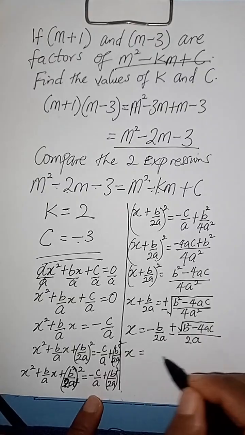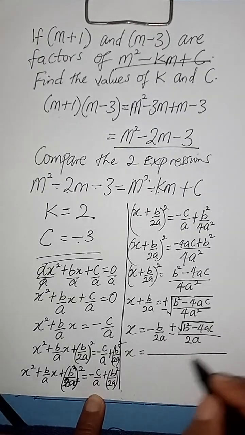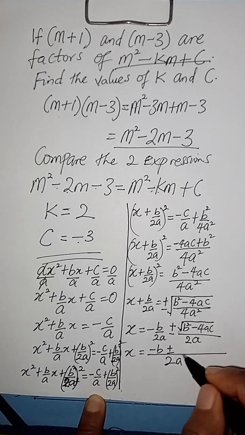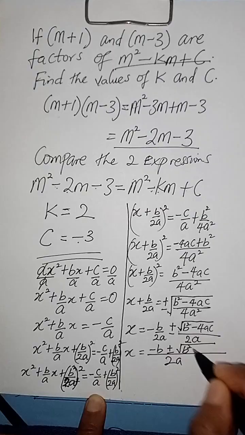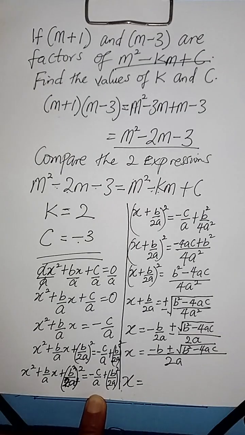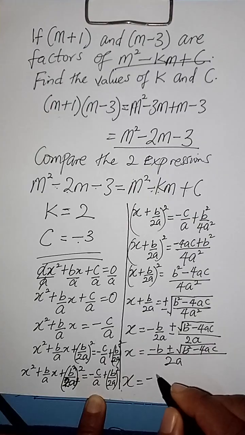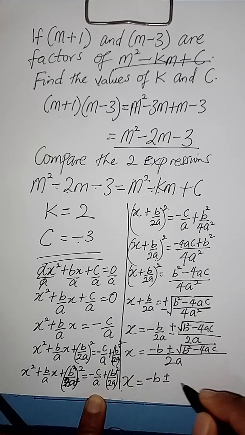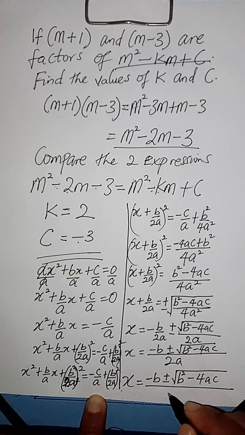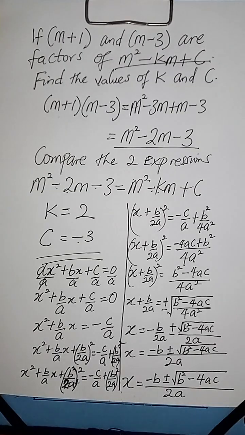So here the LCM is 2a, giving minus b plus or minus the square root of b squared minus 4ac, all divided by 2a. So this is the general formula for solving quadratic equations, the quadratic formula. Let me neatly write it out. So you can also use this formula to solve the first two questions we've solved, and you get the same answer. So this is how to derive it.